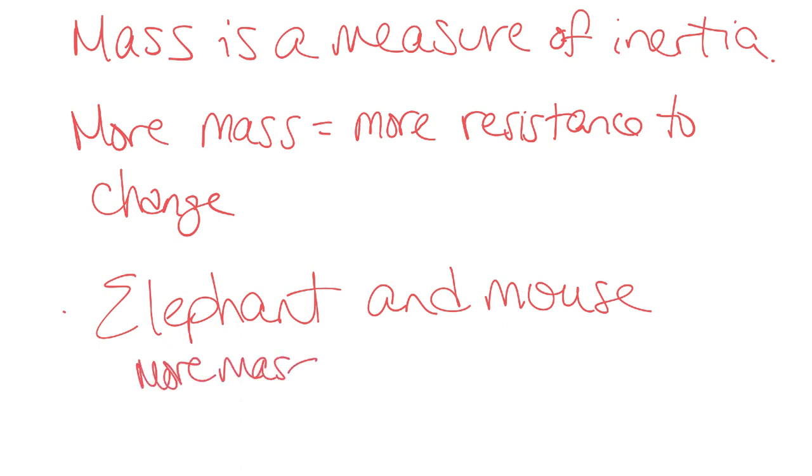And so if it's running this way and you're here, you could kind of zigzag out of the way, couldn't you? Because it would be really hard for the elephant to change its motion because of its large mass. Does that make sense? Okay.